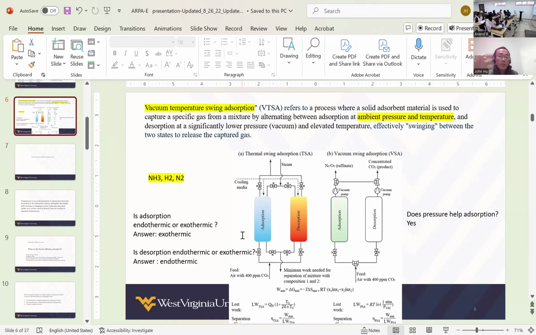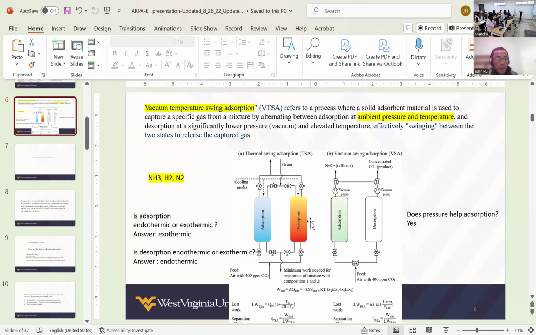The more ammonia you adsorb, the better, because that shows how good your solid solvent is and how small your reactor can be, because for a given volume you can adsorb more ammonia. But don't forget, if you adsorb too tightly, it's going to affect your desorption.